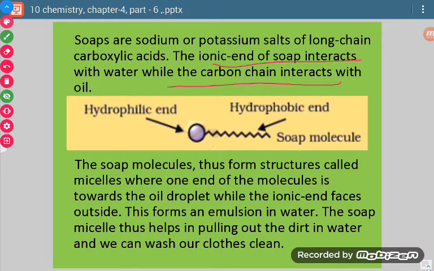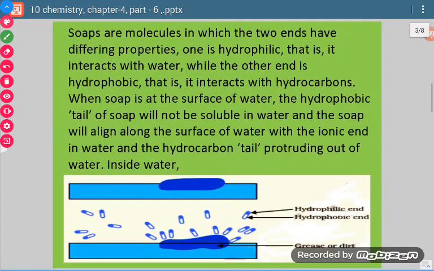This type of molecules form micelles. What are micelles? You will see this in the next slide. Because of the formation of micelles, the micelles help in pulling out the dirt in water, and so our clothes get cleaned. Now how do we do it?